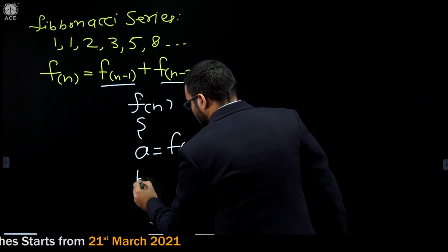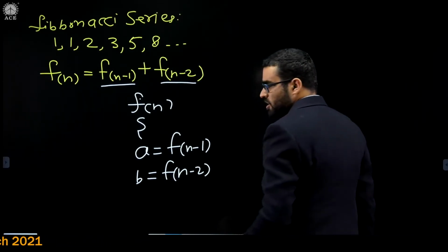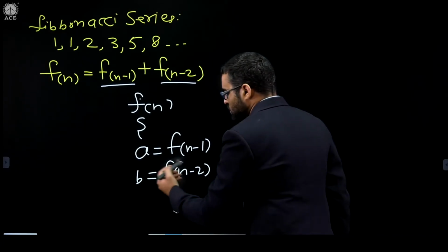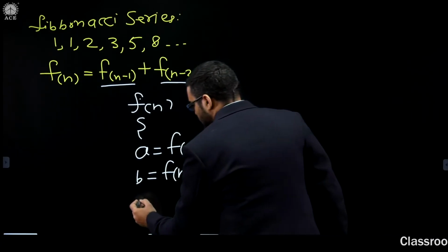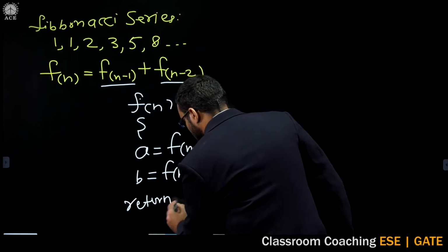I will compute Fn minus 2, and the value of Fn minus 2 I will store in the variable b. And finally I will return a plus b.